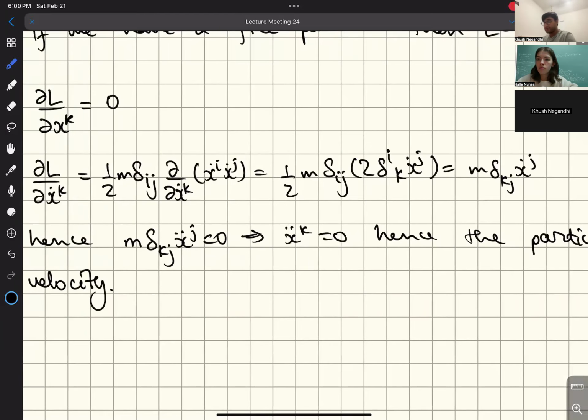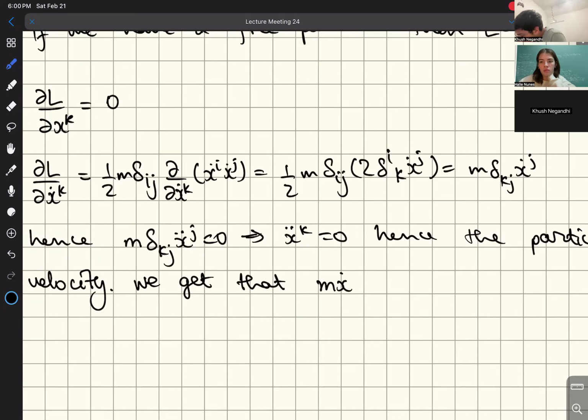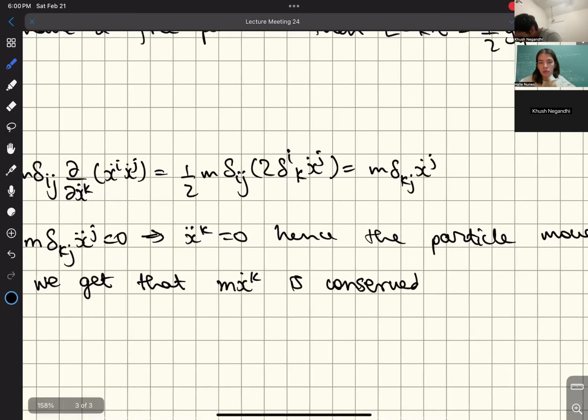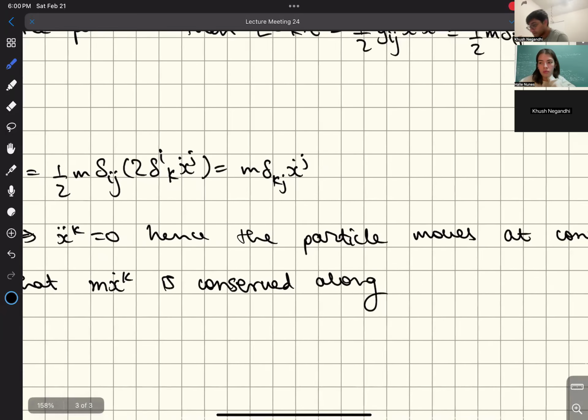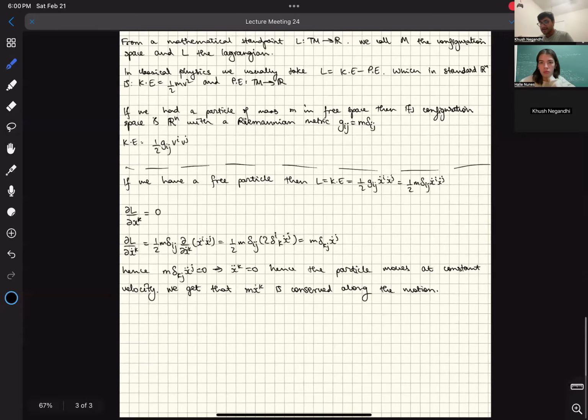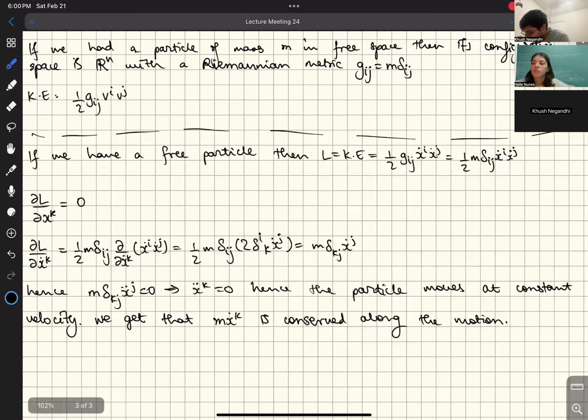Not only does the particle move at constant velocity, we get that m x dot k is conserved along the motion. Right? We get that directly from the Euler-Lagrange equations because we get d by dt of this object is equal to 0.